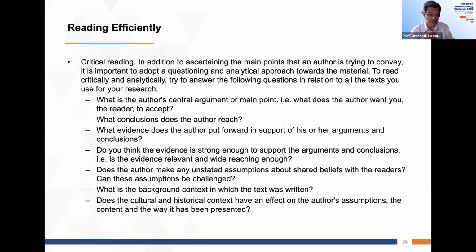So basically, we taught them how to do article critique, which is good in a way, because by being exposed to that kind of skills, they will start to become critical and analytical in analyzing the literature, right? If you do find such a training program, please go. It's good for you to have that kind of exposure.